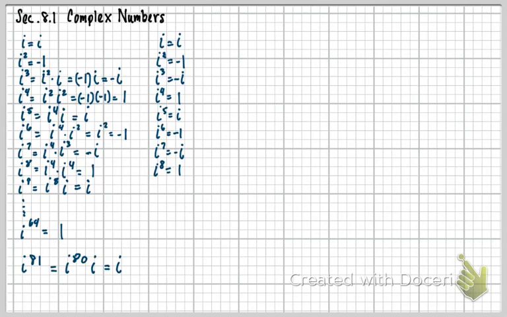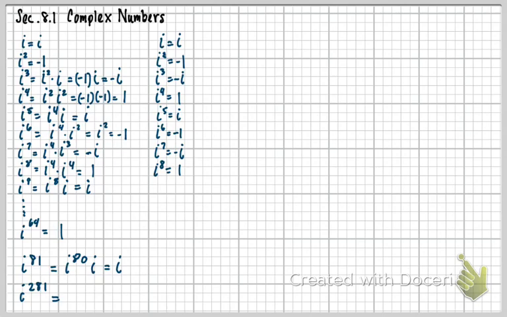So now let's go i to the 281st. Now I'd have to use my calculator here. I could just take that 281 and divide it by 4 and find out how many times it goes into it. So it goes into it 70 times, I can see.